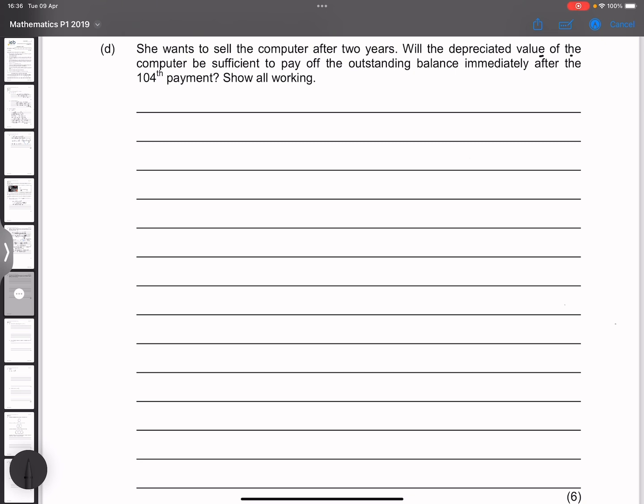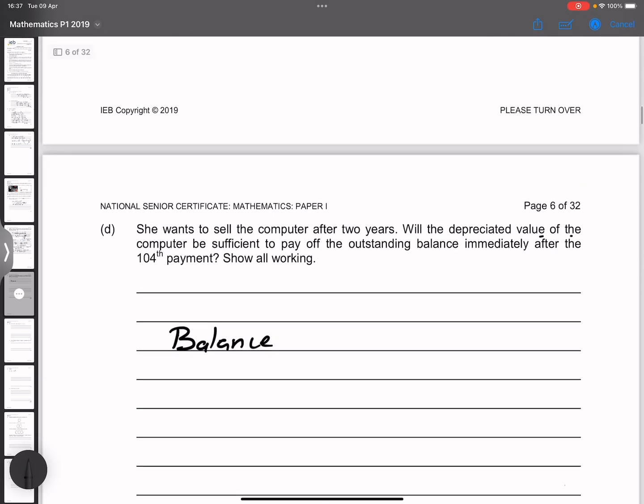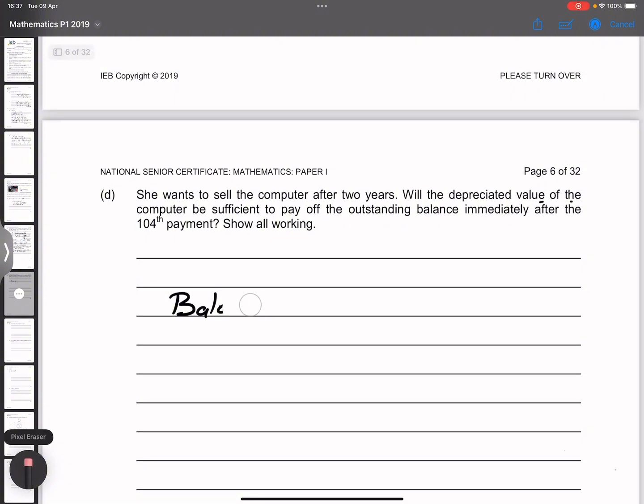So what I'm going to do is, to get the balance, and I want you guys to stay with me, this would be the amount that this person took, 12,349. That's what the computer is worth.